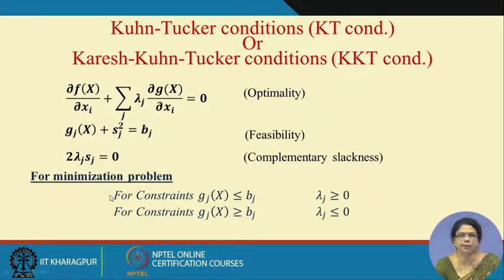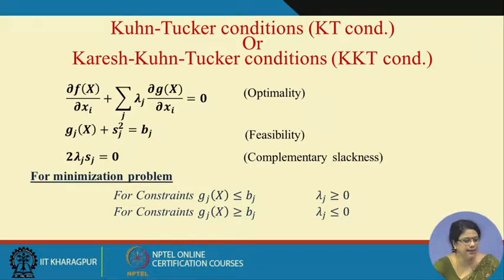Once again I am repeating here that for the minimization problem, if the constraints are of the type less than or equal to, then the corresponding multiplier would be greater than or equal to 0. I need not explain again that if lambda j is equal to 0, the corresponding constraint is the active constraint.